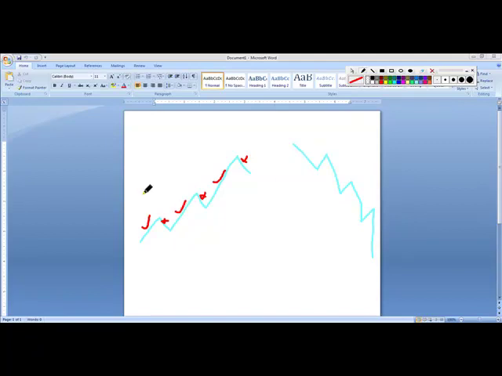In an uptrend, this is how the market moves. So you always have impulse leg, correction, or we call it pullback. Impulse leg, correction, impulse leg, correction. Then if the market is in a downtrend, this is how it's going to move.